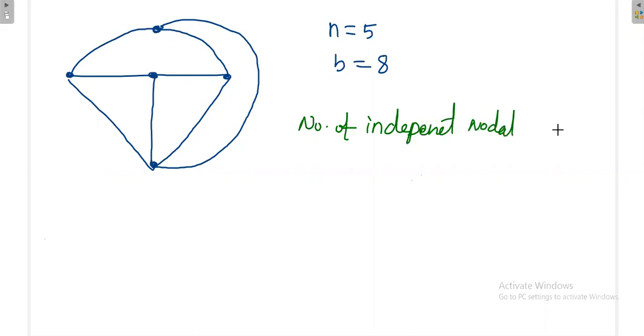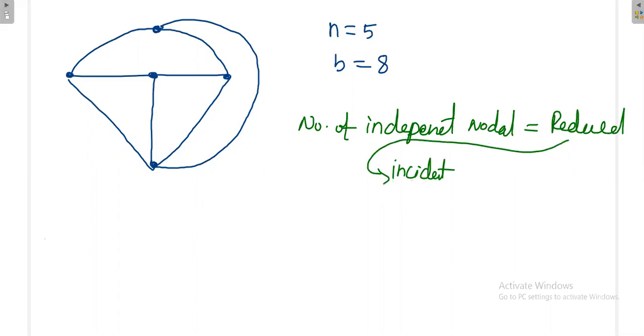The number of independent nodal equations is related to the reduced incident matrix. If you write the reduced incident matrix, how many rows will be there? The number of rows in the reduced incident matrix is n minus 1.